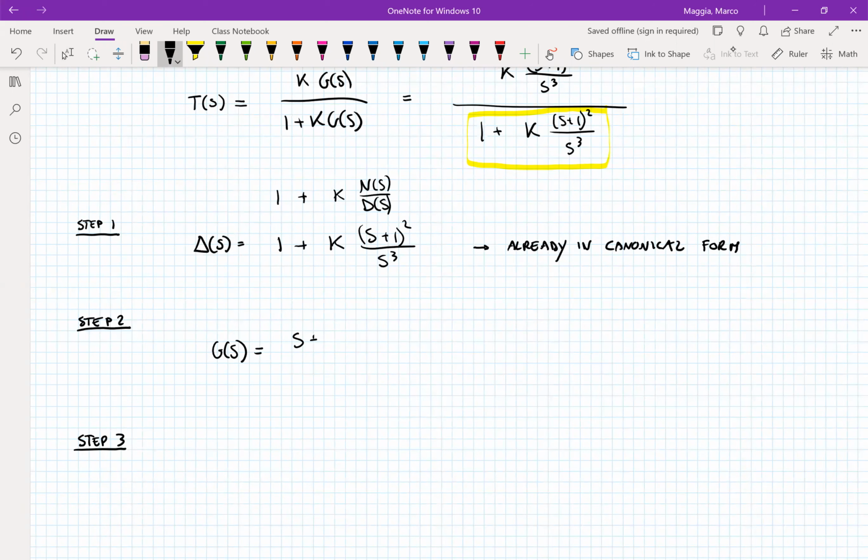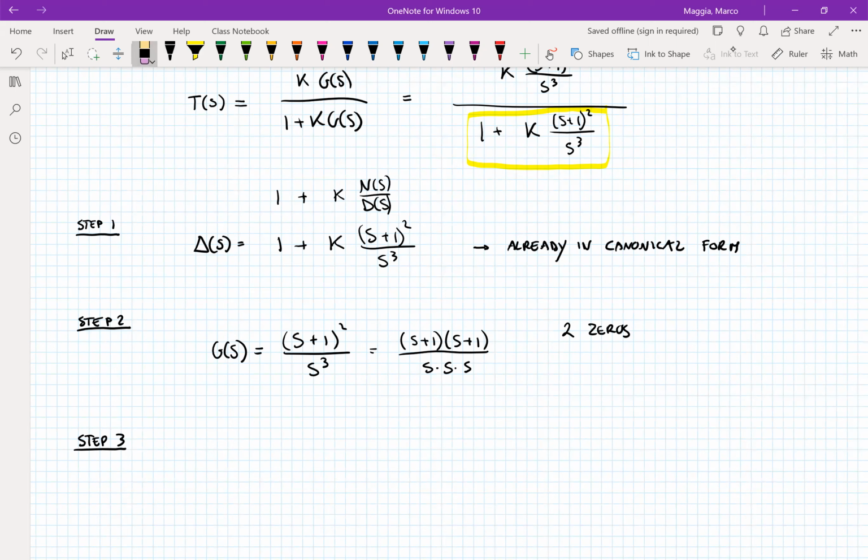Well, step 2, we have our G of s equals (s plus 1) squared over s cubed. We have to factorize it and find the open loop zeros and poles. Well, it's already factorized. If you want, you can write it like this to be extremely clear, but it's pretty easy to see that the roots of the numerator are 2, so we have 2 zeros, and they're equal to -1.